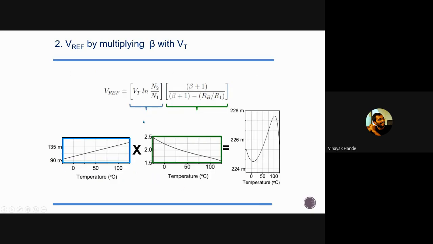And this is VT ln N. We got something like this, and some beta and resistive values which are reducing with the temperature, and we have multiplied them. This is the first kind of multiplicative based band gap voltage reference. I think we published it in 2014, I guess, right? Why it is important is that we don't have to add additional circuitry, and still we can get the curvature corrected output reference voltage, right? That is the beauty of this circuit.